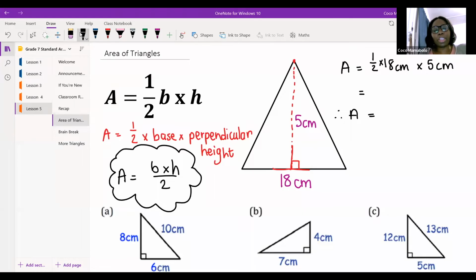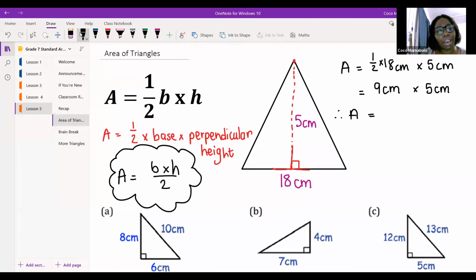Guys, pop in the chat, what is half of 18 centimeters? I'm getting varying answers. What is half of 18 centimeters, guys? Good, it's 9. 9 centimeters multiplied by 5 centimeters.